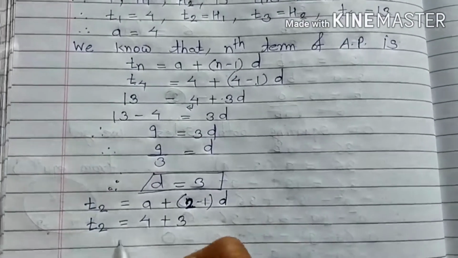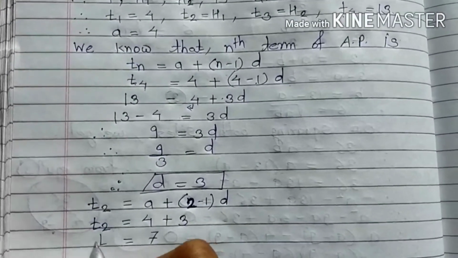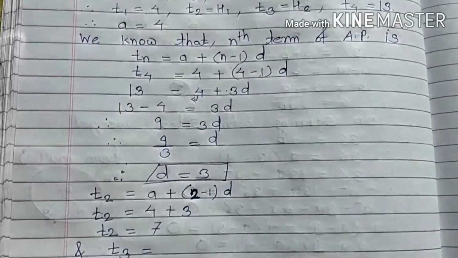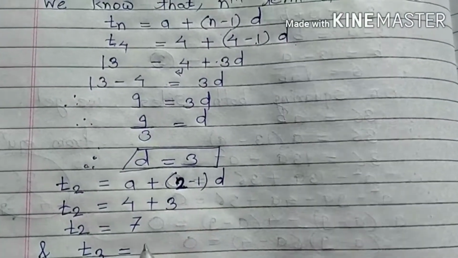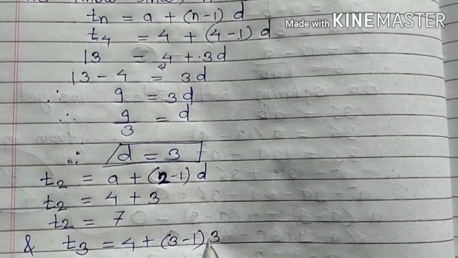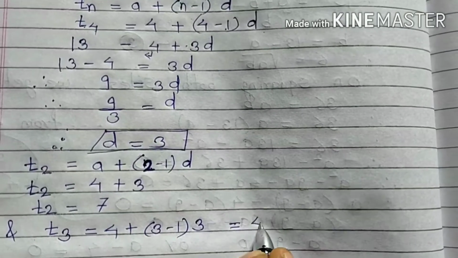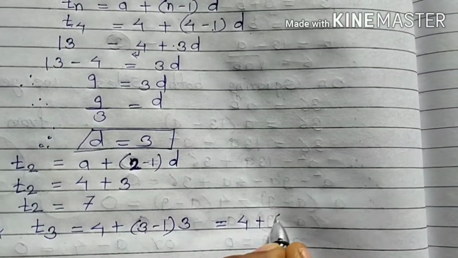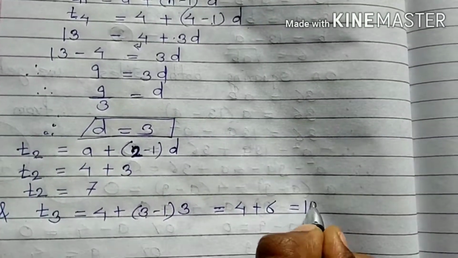So 4 plus 3 is 7. T2 is equal to 7 and T3 is equal to 4 plus 3 minus 1 into 3. So it is 4 plus 2 into 3, which is 6, 4 plus 6, which is equal to 10.